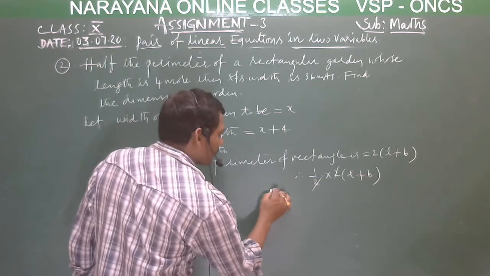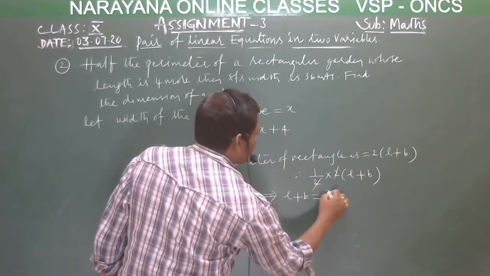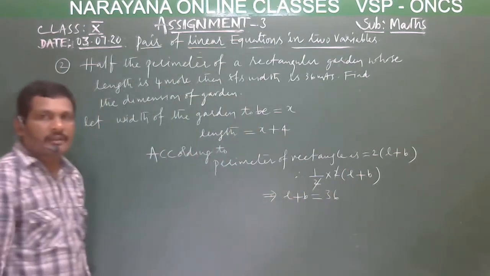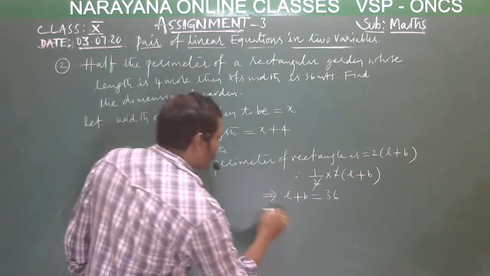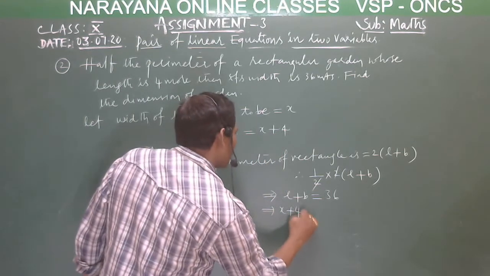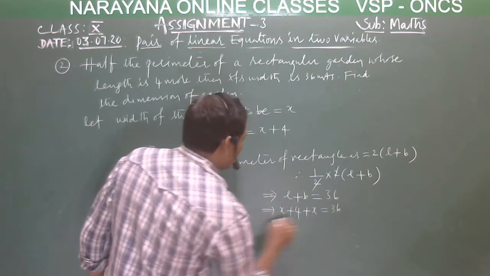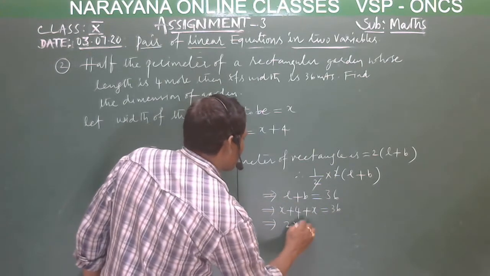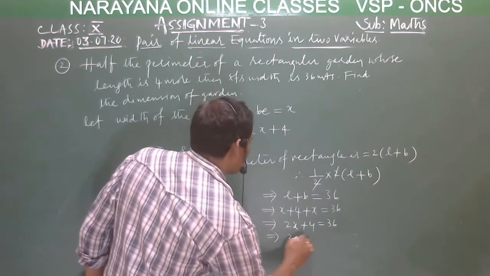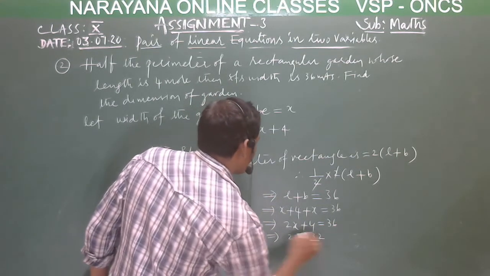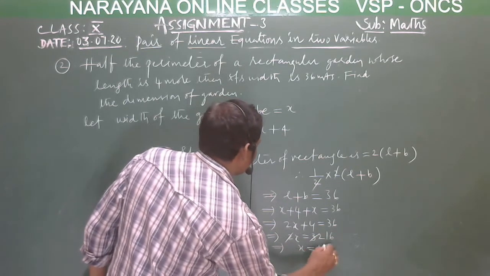Therefore L plus B equals 36, it's given. Length is x plus 4 plus breadth x equals 36. x plus x is 2x, plus 4 equals 36. So 2x equals 32. So x value is 16.